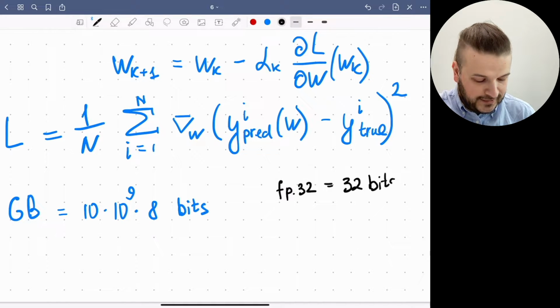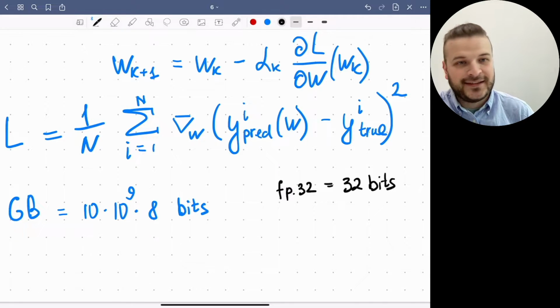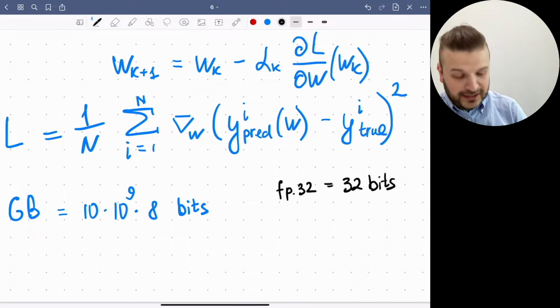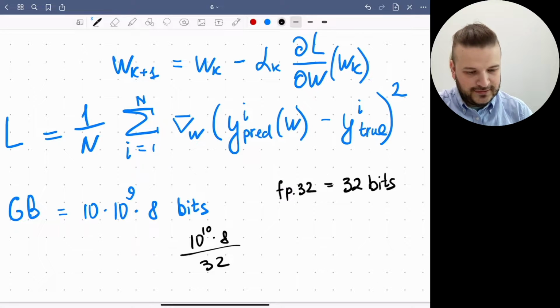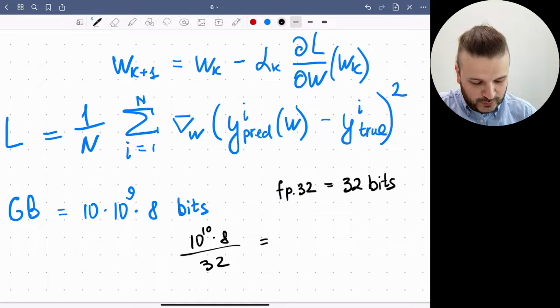So we can easily calculate how many floating points we can store in a 10 gigabytes video card. It will be like 10 to the power of 10 multiplied by 8 divided by 32, and we'll use the magic of fast calculations.